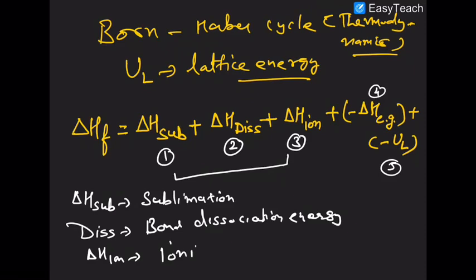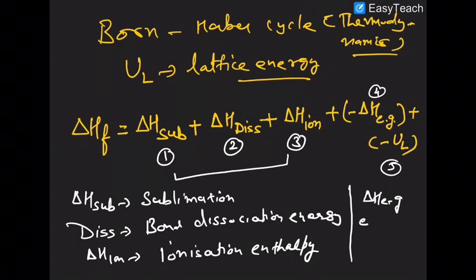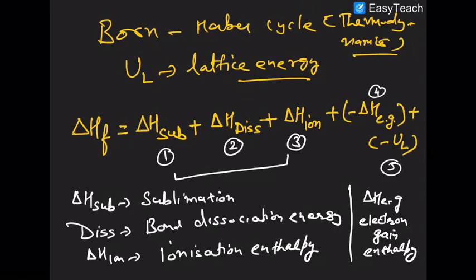That is ionization enthalpy. That is electron gain enthalpy. U L stands for lattice enthalpy, and this stands for enthalpy of formation of the compound.